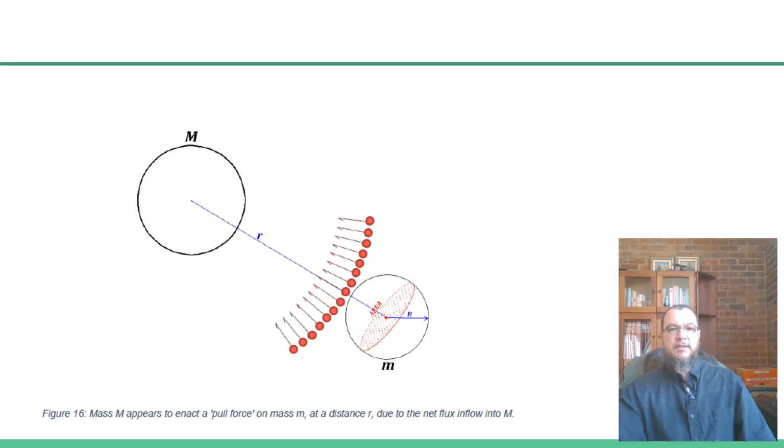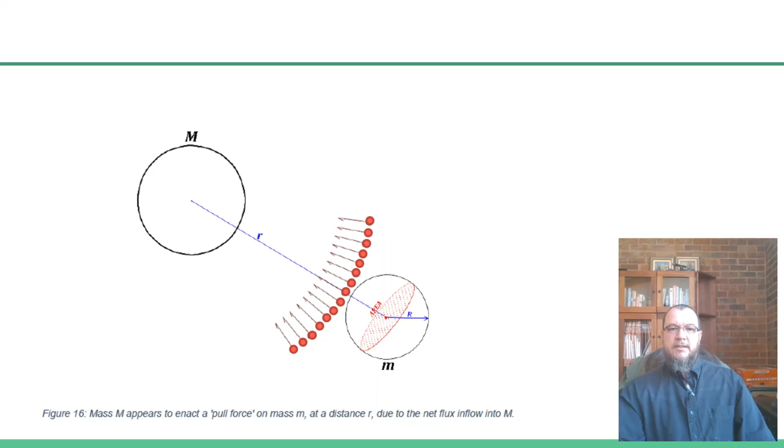Flux is omnidirectional. It comes in and it goes out. Yet, due to absorption, the amount going out is slightly less than the amount going in. This creates a net, could we call, inflow of flux into the mass. It doesn't mean it's not flowing out. It's still flowing out, it's just flowing out less.